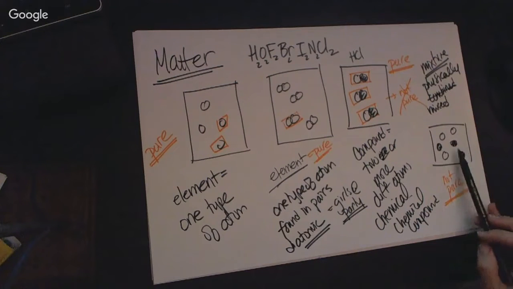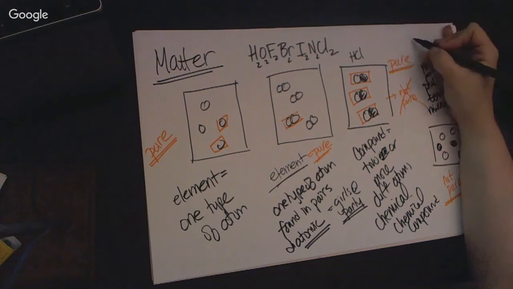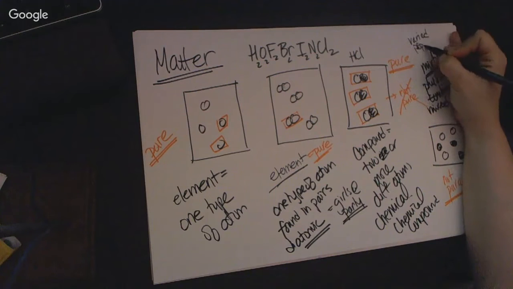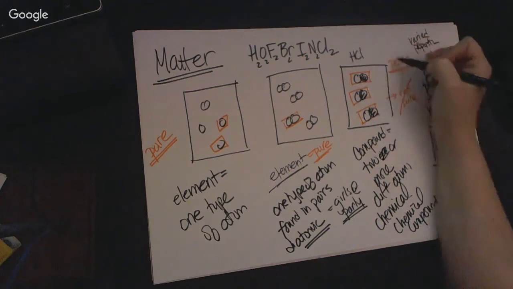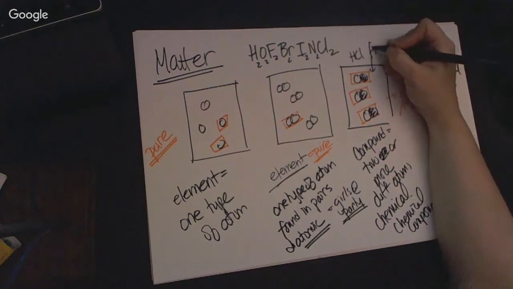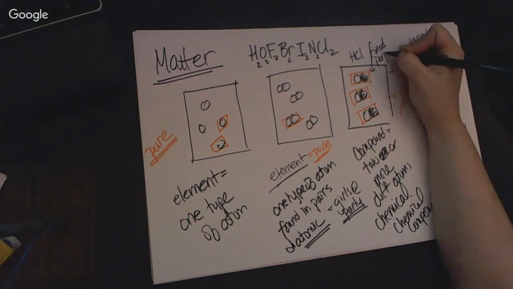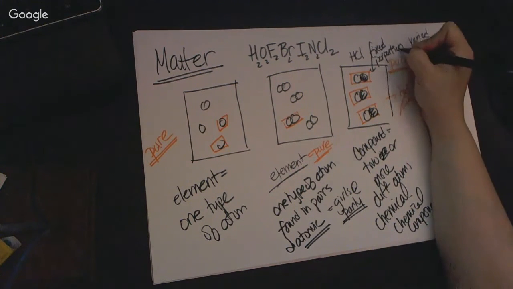Well, you can have an equal proportion of black and white. You could have more white. You can have more black. It doesn't matter. A mixture can have varied proportions of the different particles, whereas this compound will always be found in a fixed proportion because that is how it is bonded together.